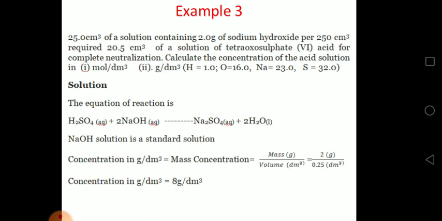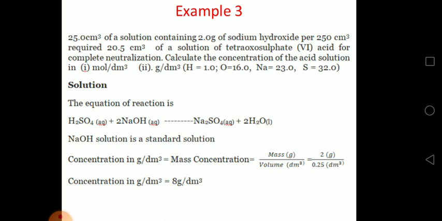that acid-base titration involves using a standard solution to standardize another solution. For you to standardize a particular solution means to determine the concentration of the solution. So you must use a standard solution. A standard solution is a solution whose concentration is known.